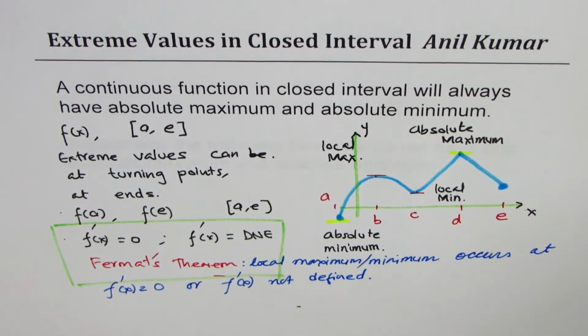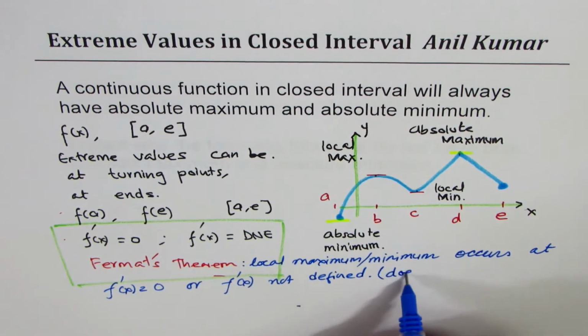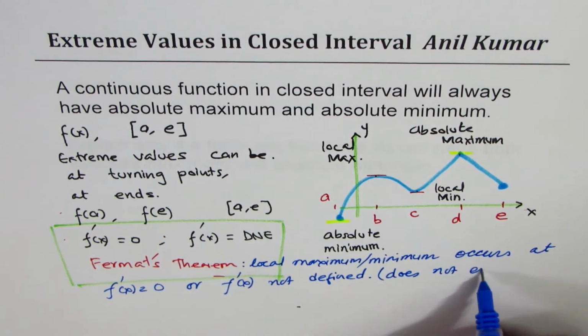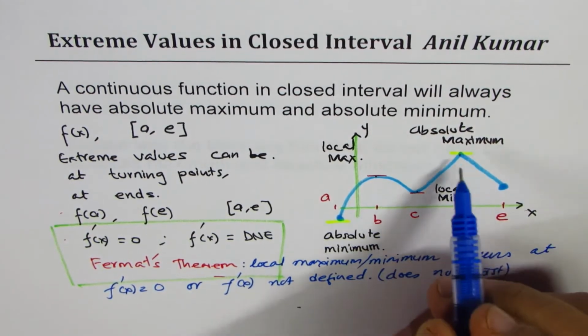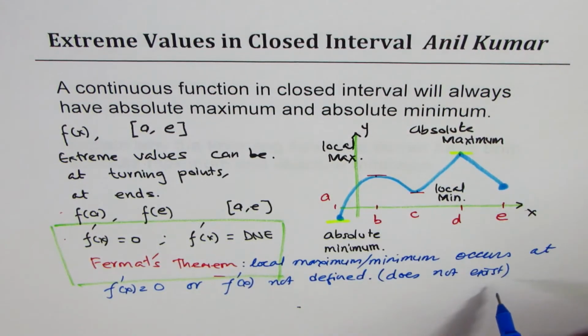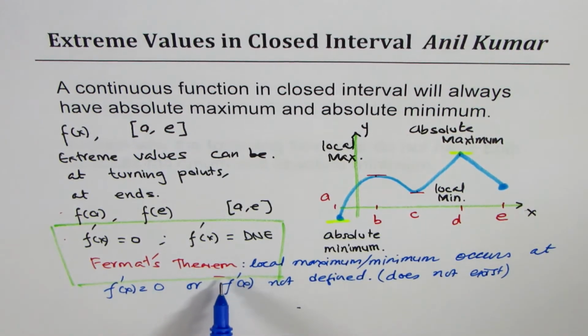That is one part. Or you say does not exist. Better thing is to use does not exist. So in a sharp corner it does not exist, correct? So that's Fermat's theorem.